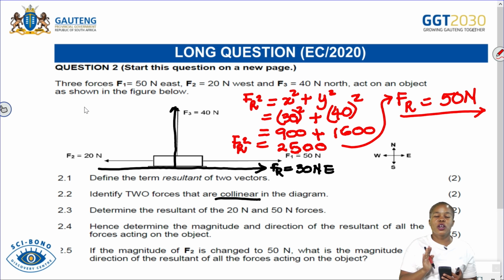Now it's our turn to find the direction. How do we find direction? We use the trigonometric ratios.